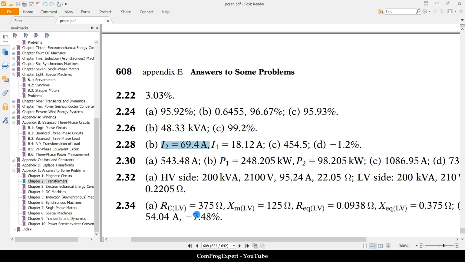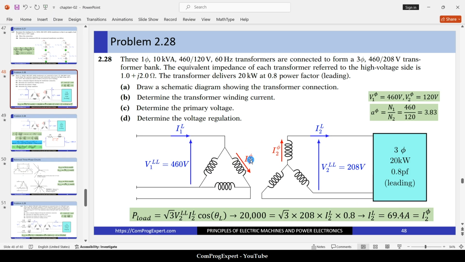69.4. This is I2. What about the I1? How can we calculate I1? We need to know the transformer turns ratio. Turns ratio for single phase quantities. So here, this is V1 phase 460, V2 phase 120.